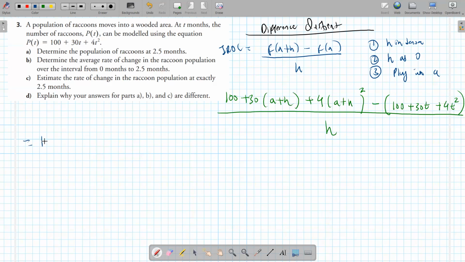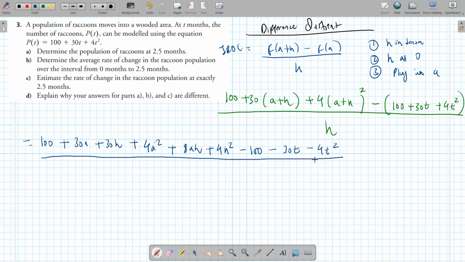So we have 100 plus 30a plus 30h plus 4a squared. If you open that bracket, 8ah plus 4h squared minus 100 minus 30t minus 4t squared all over h. Can I cancel out the hundreds?